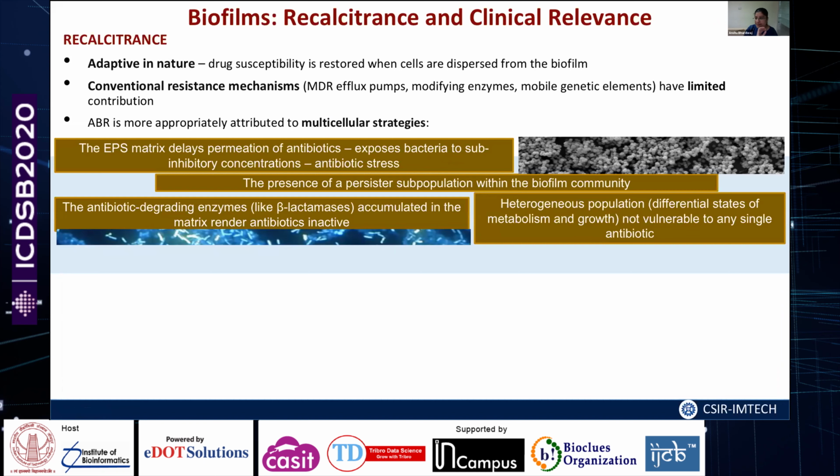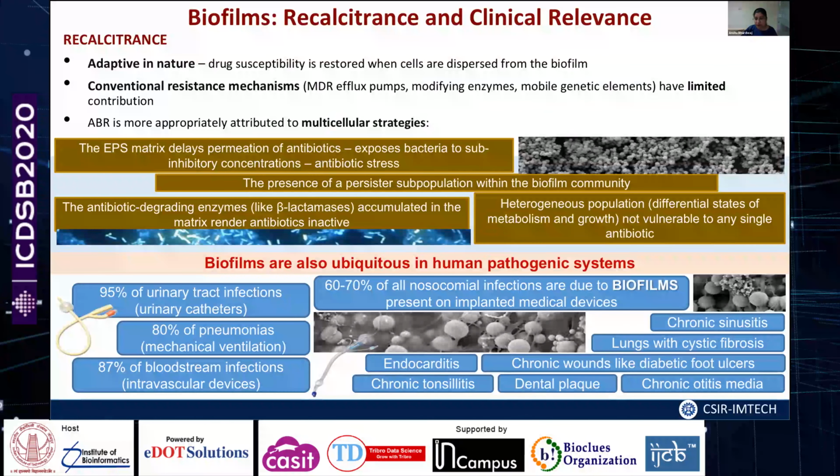And third, they apply several different strategies, which I'll not go into the details of, but where it matters is that almost 70% of nosocomial infections, 99% of urinary tract infections, 80% of ventilator-associated pneumonias, 87% of bloodstream infections, all of this is caused by biofilms. If you talk to clinicians, they'll tell you how big a mess this is.